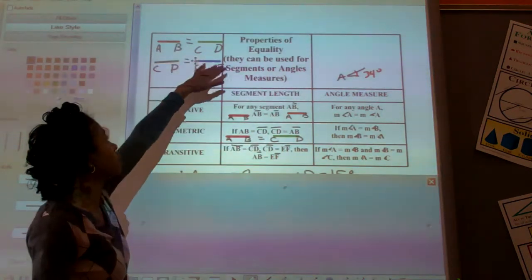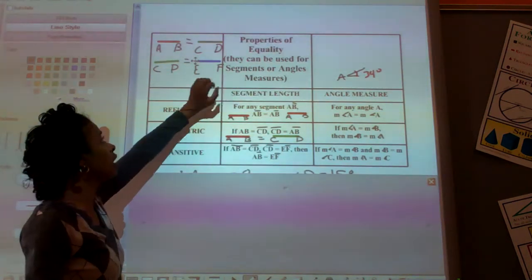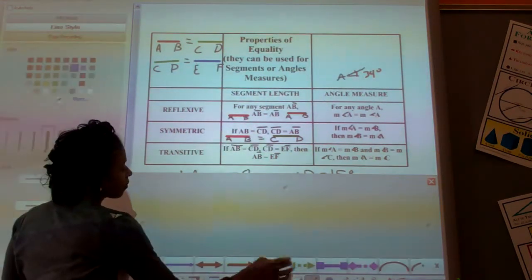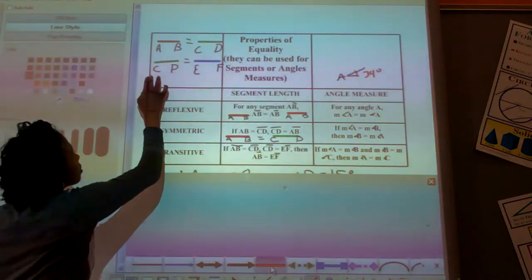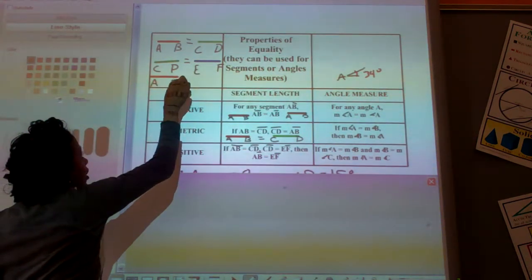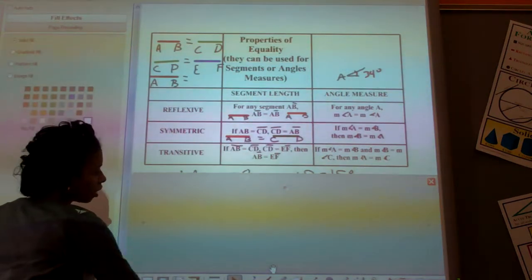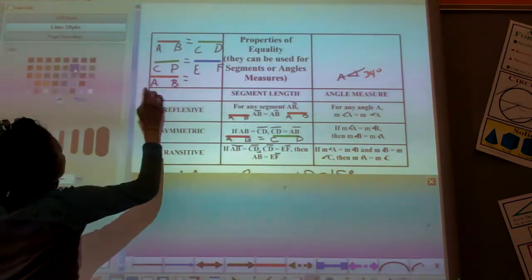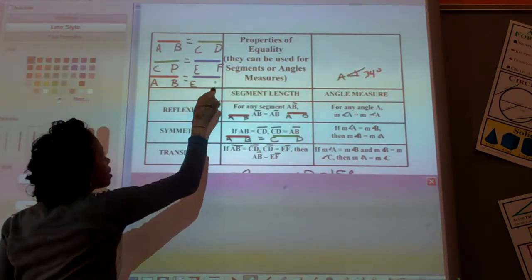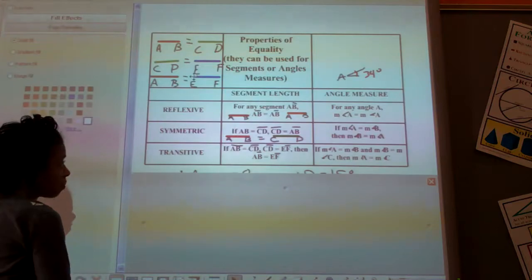If AB equals CD and CD equals EF, then AB will also be equal to EF. And this is, again, the transitive property.